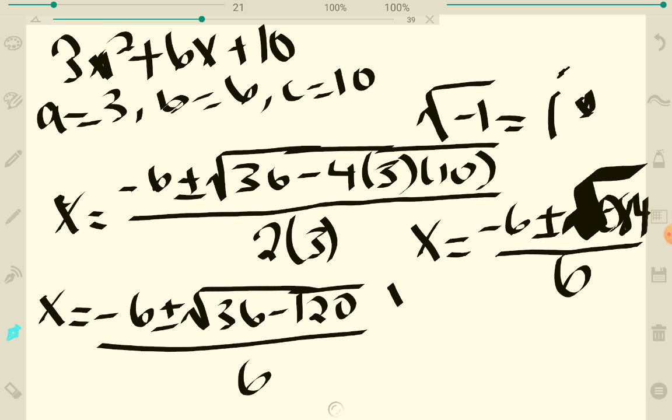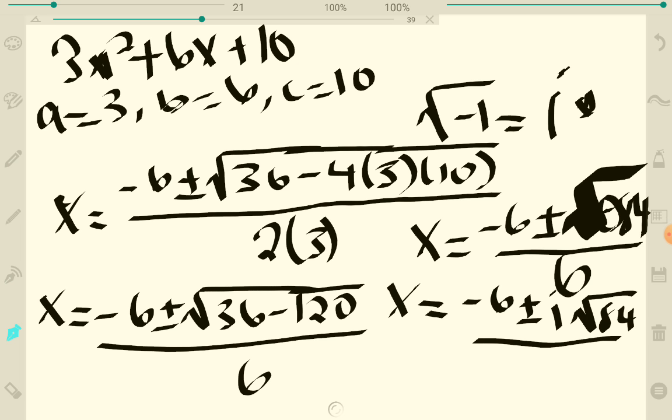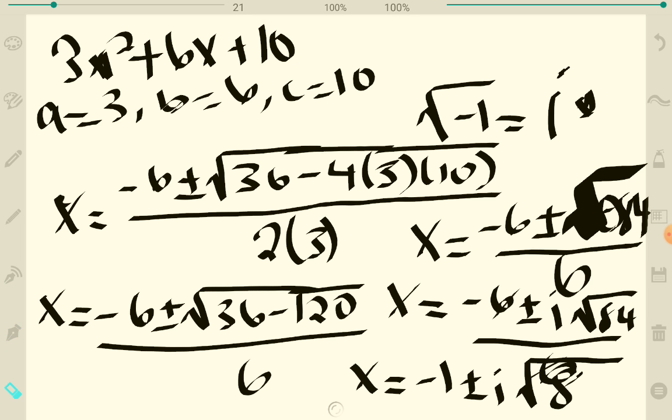So in this problem, we would do x equals negative 6 plus minus i square root 84 divided by 6. And then after this, we would just cancel these two out. So x equals negative 1 plus minus i square root 84 over 6 as our final answer right here.